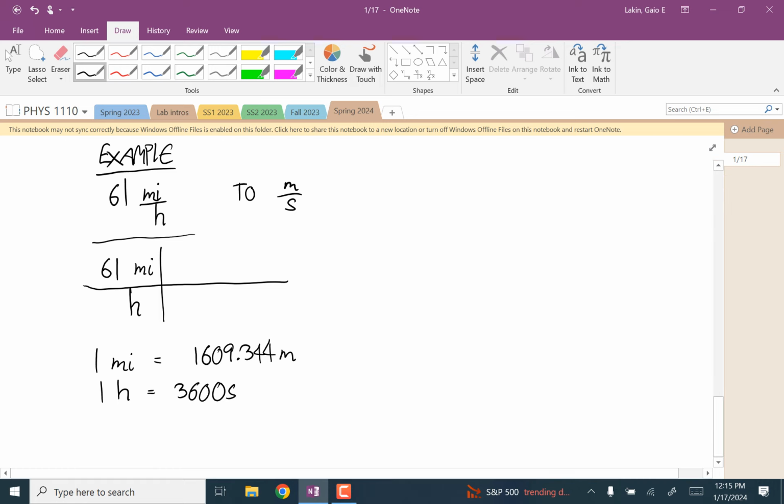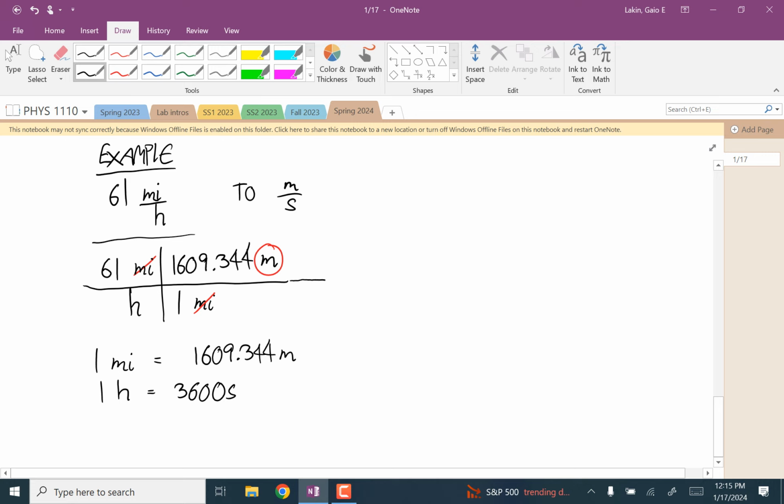So I'm going to put 1 mile down here and 1609.344 meters in the numerator. If you follow along the cancellations, we don't have miles left, we have meters, so that's a good sign. Now we just have to do something similar to switch the hours to seconds.